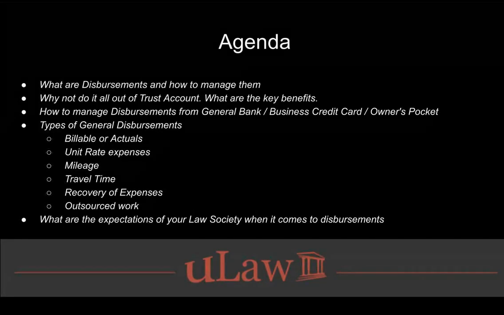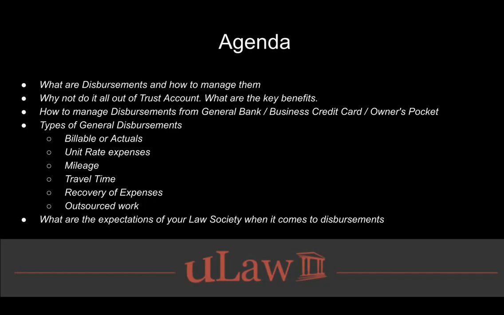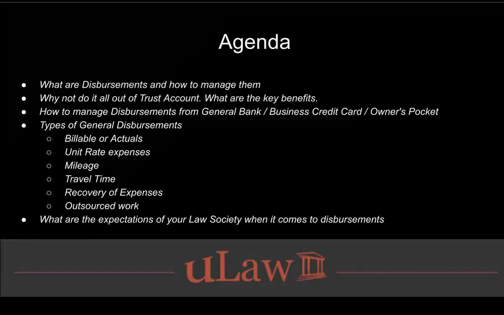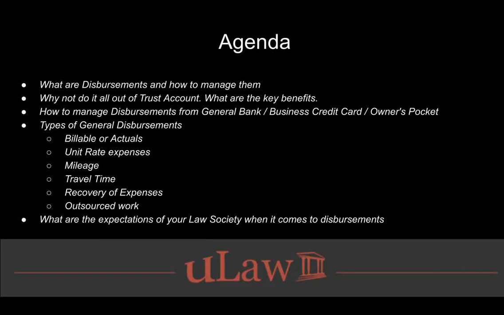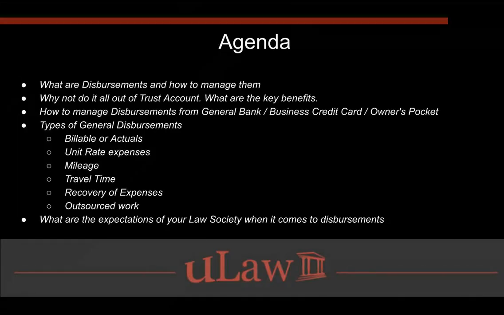How do you claim for these expenses? How do you transfer the money from trust to the general, like how you would do for the legal fee? What are some things that you need to keep in mind while billing out? And also the Law Society expectations when it comes to billing. So we're going to be seeing all of these completely end-to-end.